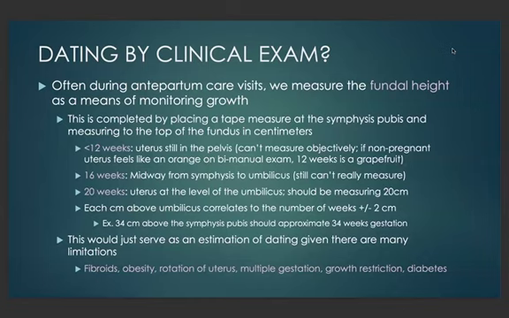But just note that this is just an estimation of the dating and not as accurate as an ultrasound or an LMP dating, just given that there are a lot of other factors that could be at play, such as having fibroids, having a multiple gestational pregnancy, the fetus might be growth restricted in some way, or any other factors like these.